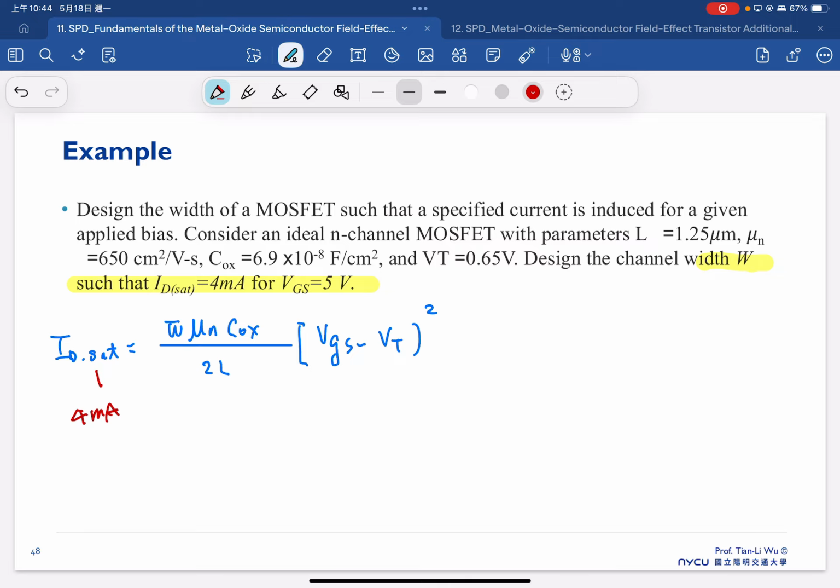We have the mobility 650, and Cox 6.9 times 10 to the minus 8. And L is 1.25 micrometer. And VGS equal to 5 and VT equal to 0.65. So that's a very simple calculation. You get W equal to 11.8 micrometer here.